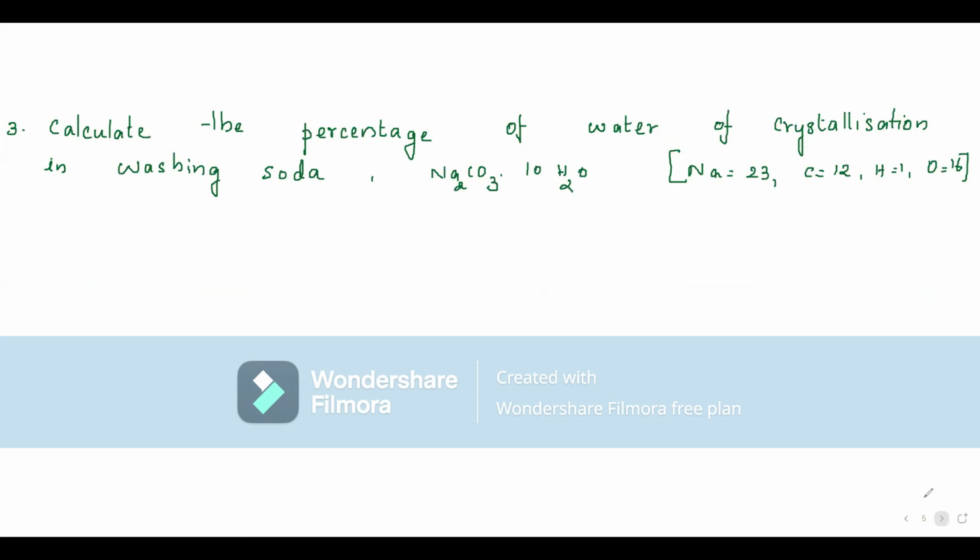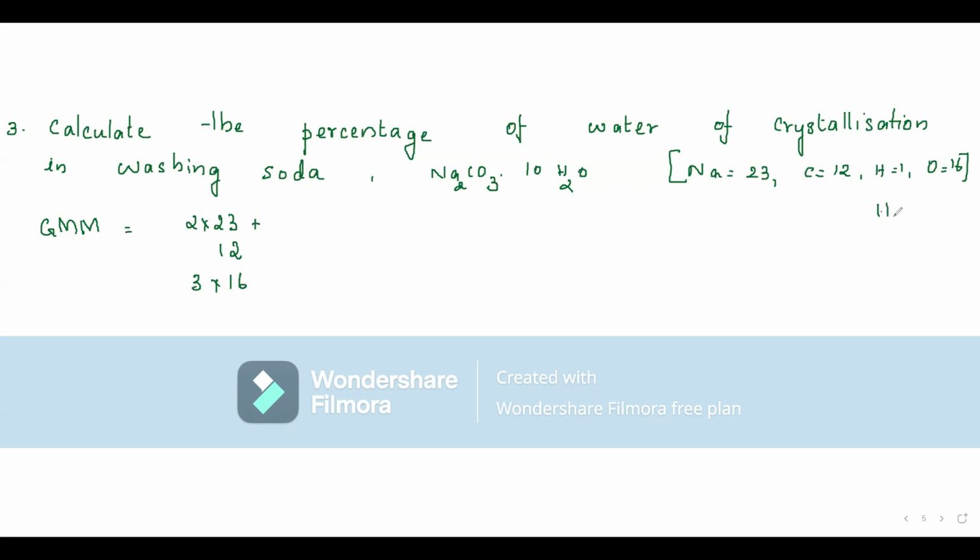Now, the next question is, calculate the percentage of water of crystallization in washing soda. So total percentage of water is to be calculated anyway. First of all, let us go for GMM. Sodium is 23, so 2 into 23 plus C is 12, oxygen is 16, 3 into 16.